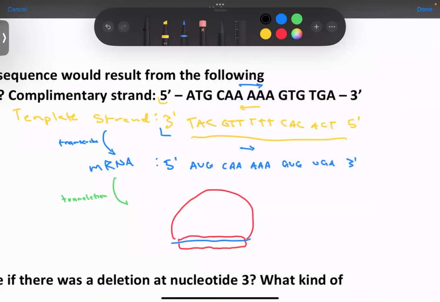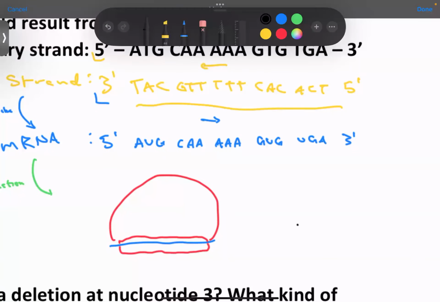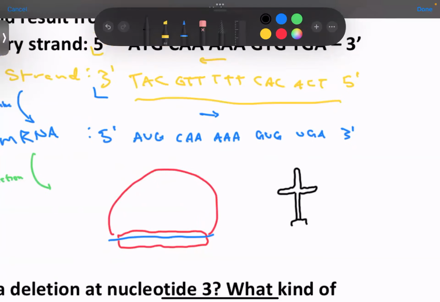So we have these special kinds of RNA that are called tRNAs. And tRNAs are special little loops that look like a cactus. And these RNAs have their own nucleotide sequences.